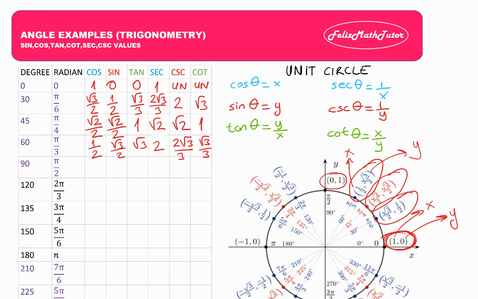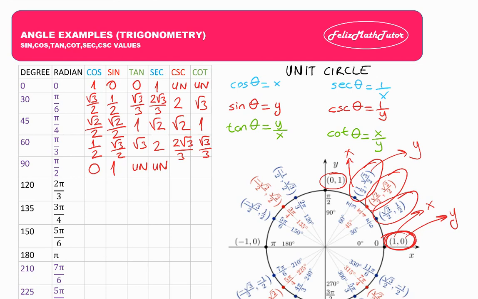now I'm here in the 90 degree. So x value is 0, y value is 1. Dividing them each other, I will get undefined. Similarly, for secant, I will get undefined.